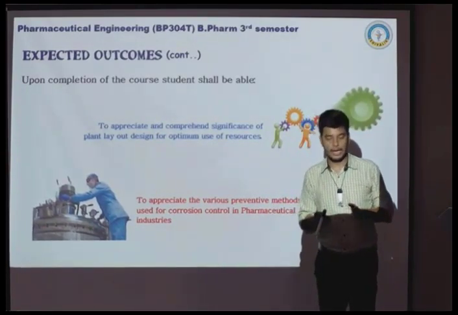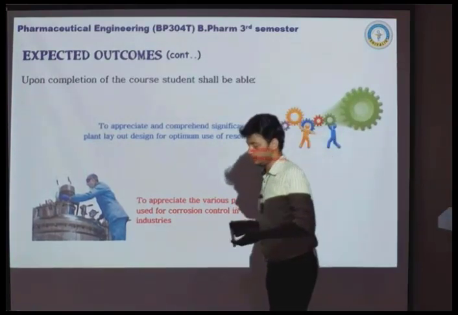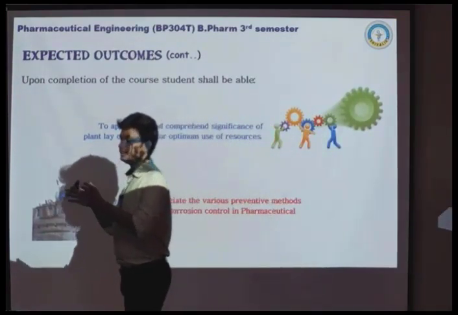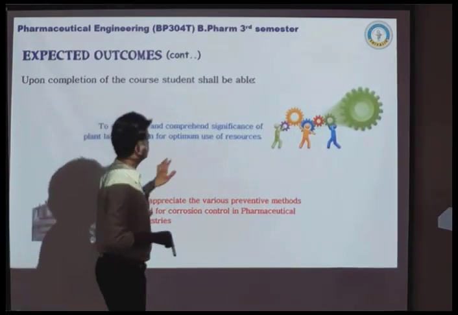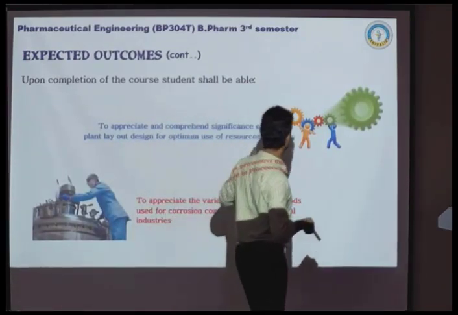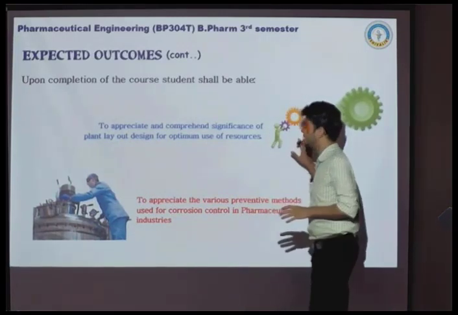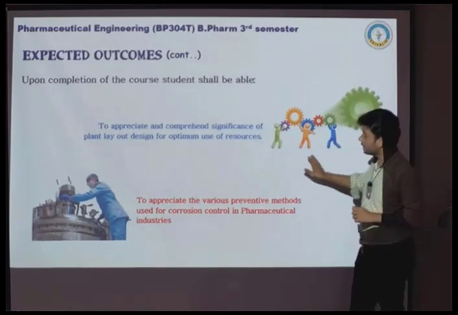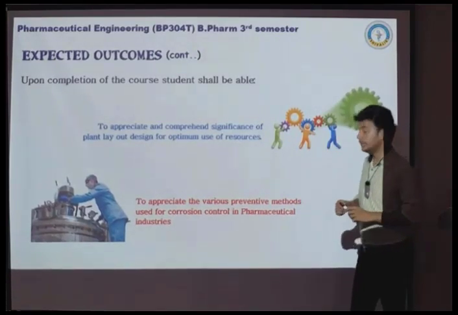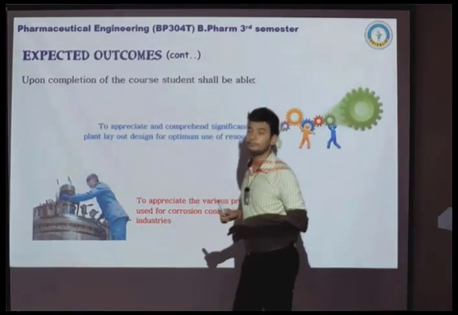Our aim is to have more productivity with very few efforts. It becomes very necessary to know how to locate and manage our pharmaceutical plant layout and how to use our resources. And another very important outcome is corrosion and its prevention.